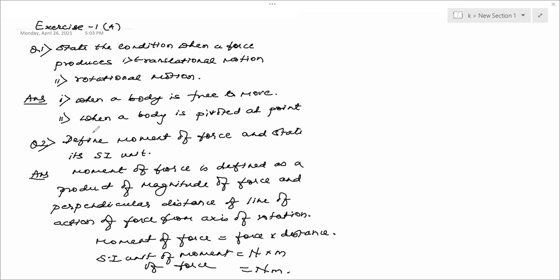Children, very important, very easy. The definition is always like this: moment of force is force into distance. This is called moment of force. So its definition: moment of force is defined as a product of magnitude of force and the perpendicular distance of the line of action of force from the axis of rotation. I hope people have understood me here.